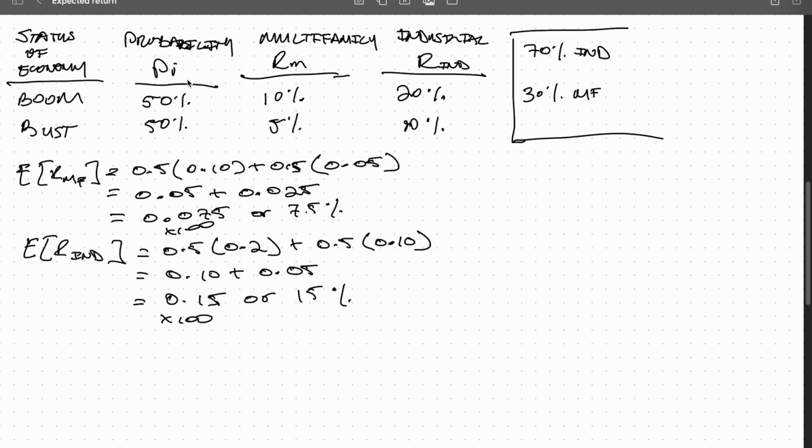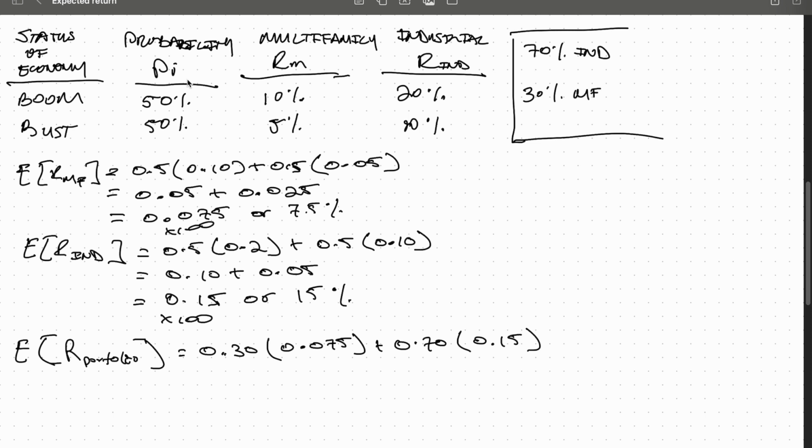So the expected return on the portfolio equals the amount of money we invested in multifamily, say 30%, times the expected return of the multifamily investment, plus the amount of money we invested in industrial, times the expected return on industrial. Now you gotta multiply these out.